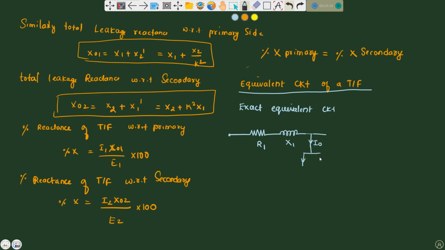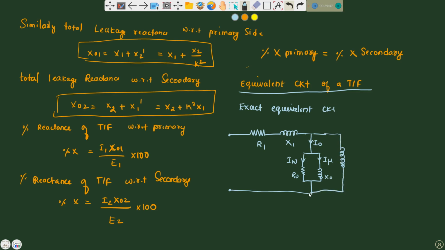So there will be two currents, active component and reactive component respectively, IW and I mu. This will be a resistance and this will be an inductance. R naught X naught, this we have discussed in previous class how it has come. This is in the primary side.